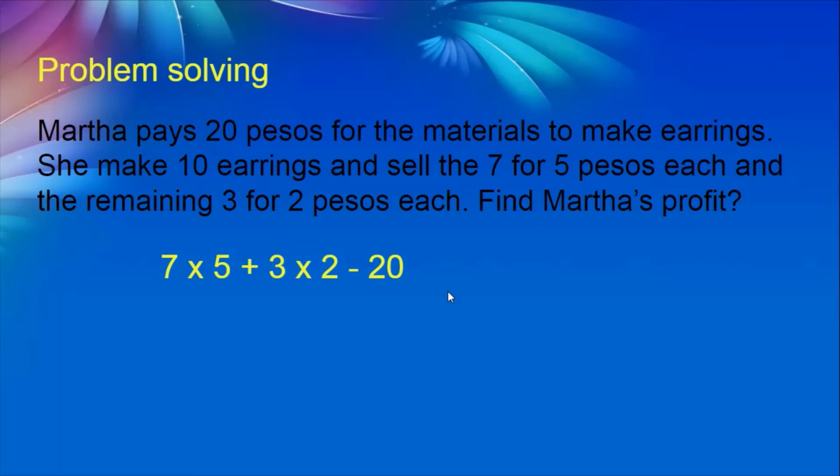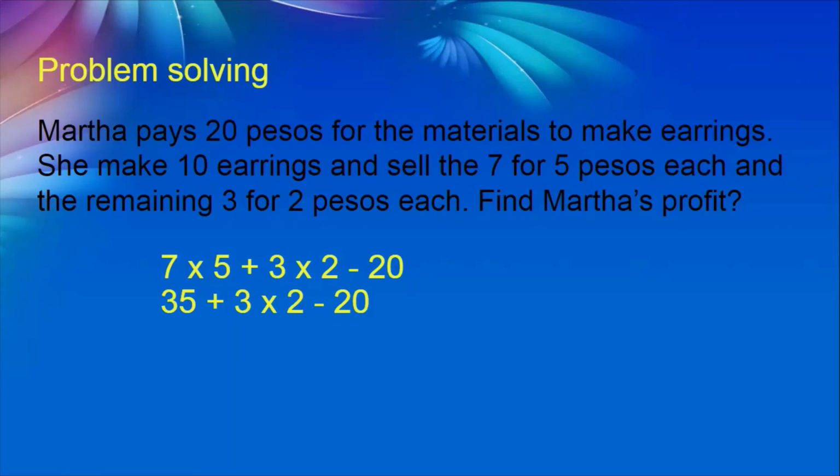As we can see in our equation, we have multiplication, addition, and subtraction. Based on the 3 operations, the highest is multiplication. So we start with multiplication from the left, which is 7 times 5. 7 times 5 is 35. Copy the remaining numbers.